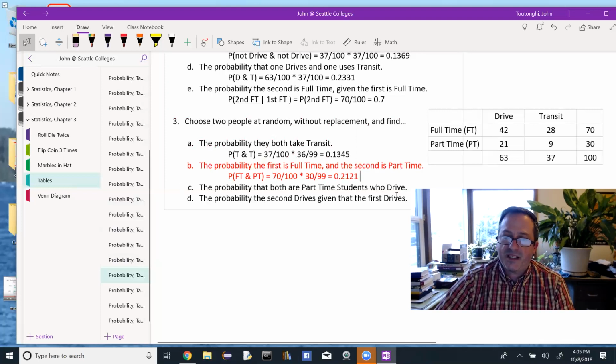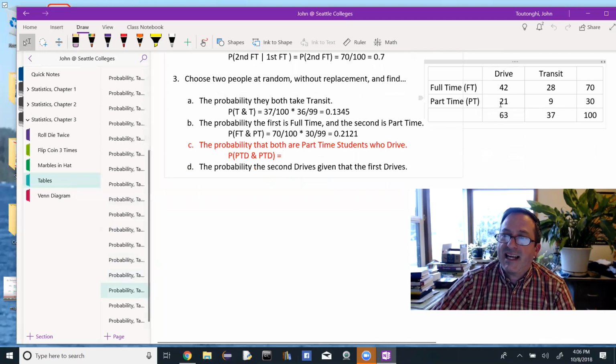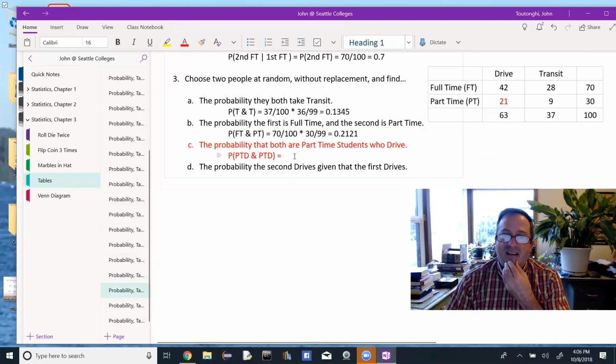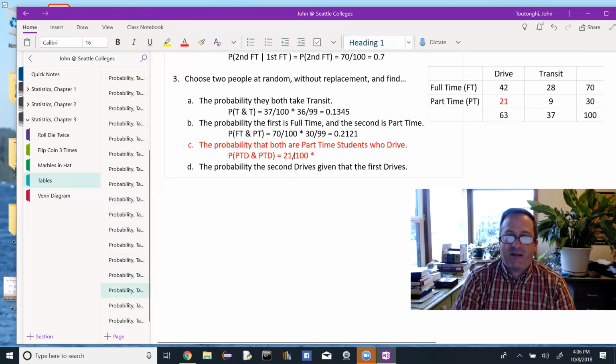And that's 21%. Two more parts. The probability that both are part-time students who drive. Part-time students who drive is an implicit "and": they're part-time and they drive. So initially, that's these 21 students here. So the probability that the first one is part-time and drives is 21 out of 100, times the probability the second one is also part-time and drives.